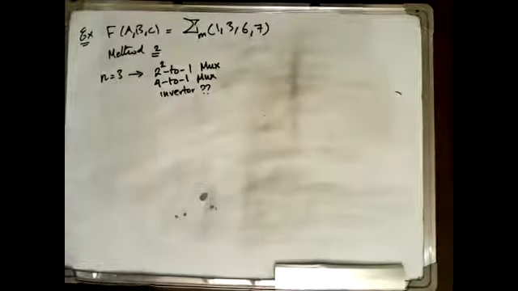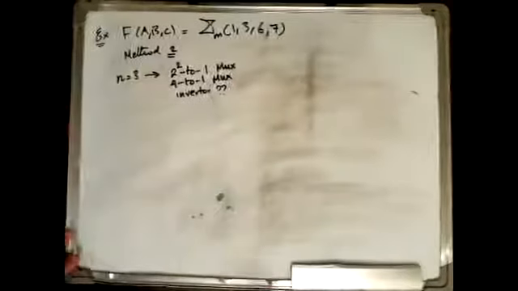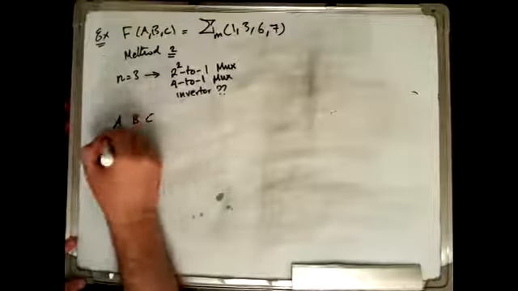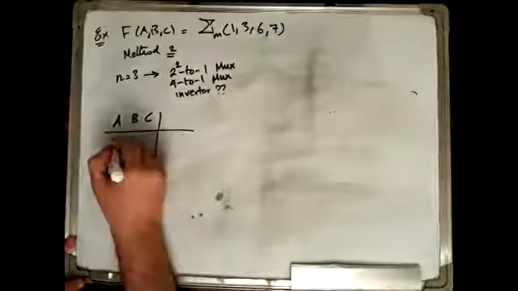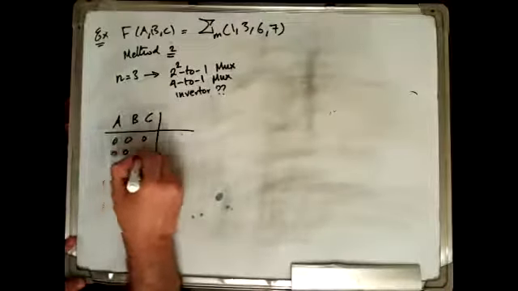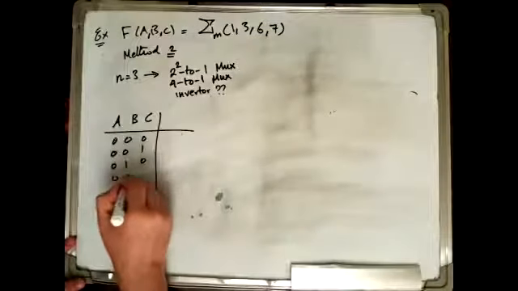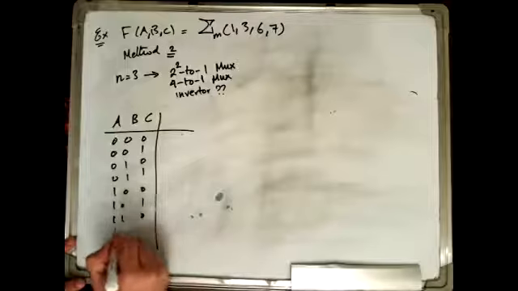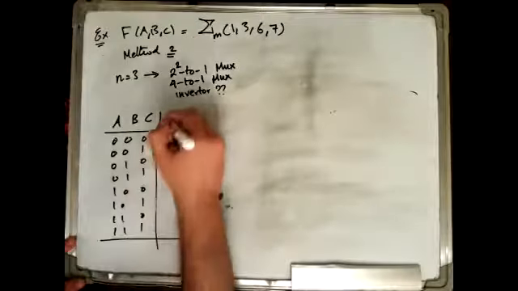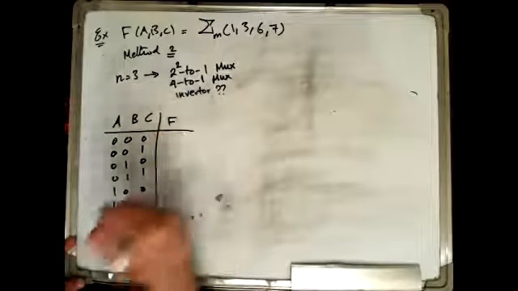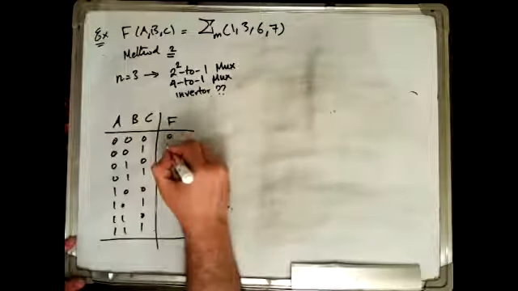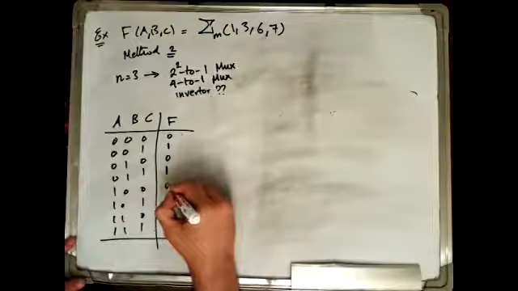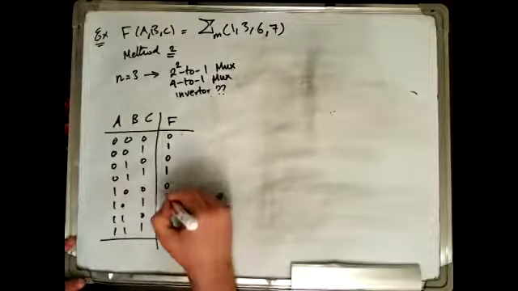So in order to implement this function, we will need the truth table. So A, B, C: 0, 0, 0, 0, 0, 1, 0, 1, 0, 0, 1, 1, 1, 0, 0. These are the combinations, and this is F, which is minterm 1, minterm 3, minterm 6, and 7.